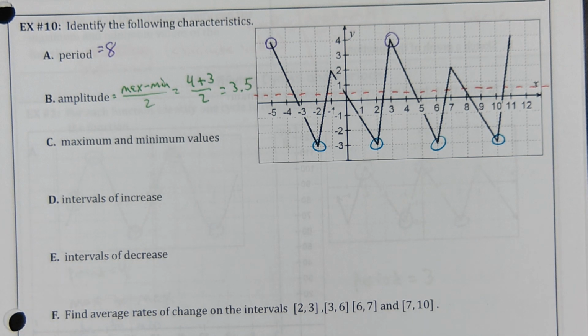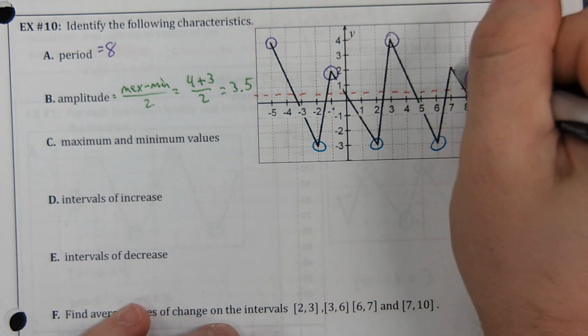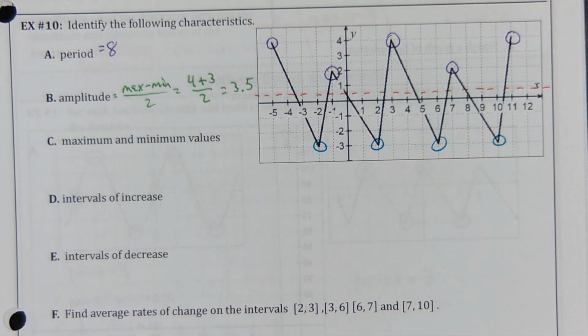But that's the absolute maximums are 8 apart. These are also maximums. So we'll have a maximum every 4 also. Isn't that neat?